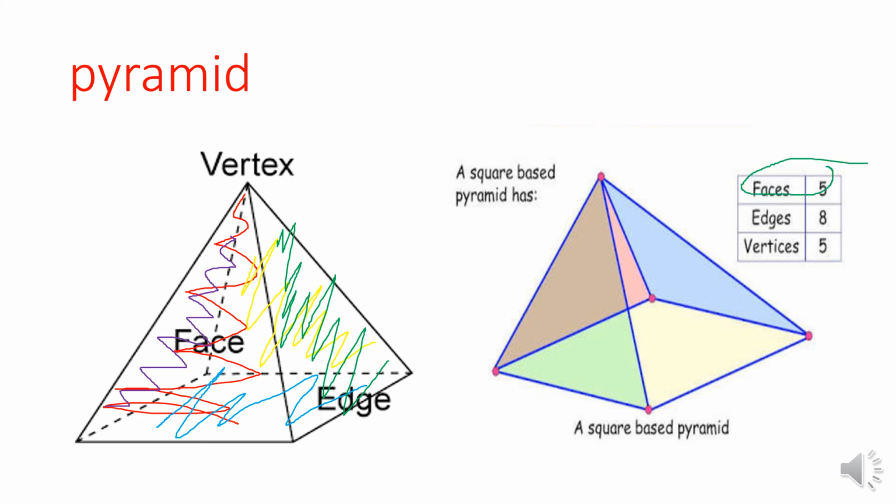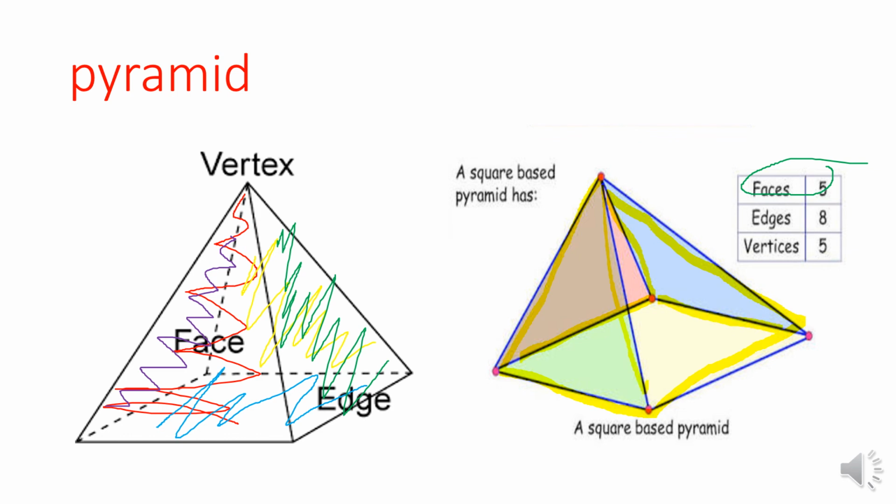What about the edge? We said that the edge it is the straight line. Let's see how many straight lines there are in the edge of a pyramid. I will count. This is 1, 2, 3, 4, 5, 6, 7, and 8.